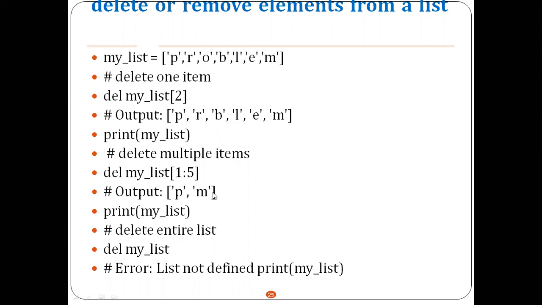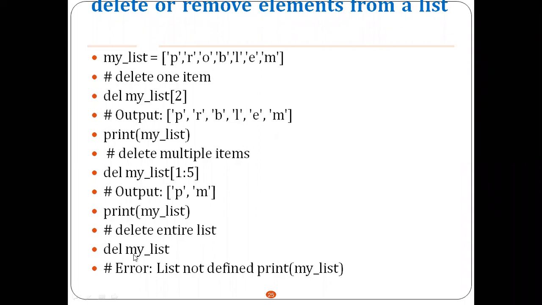If you want to delete an entire list, you just use the name of the list without the index. You just specify the name of the list, so it is going to delete the entire list itself, right?